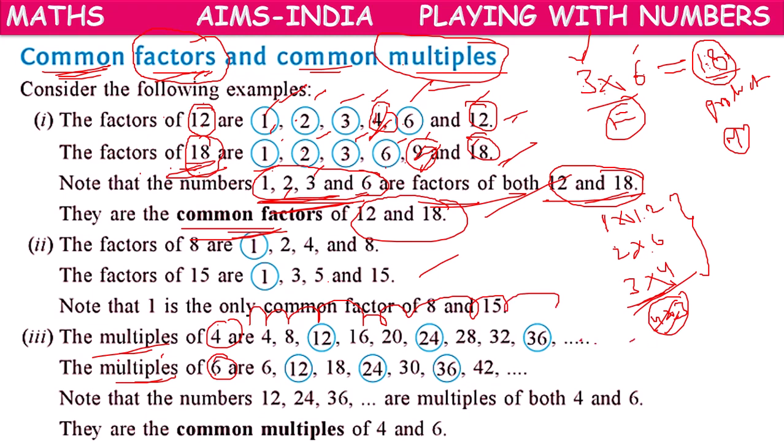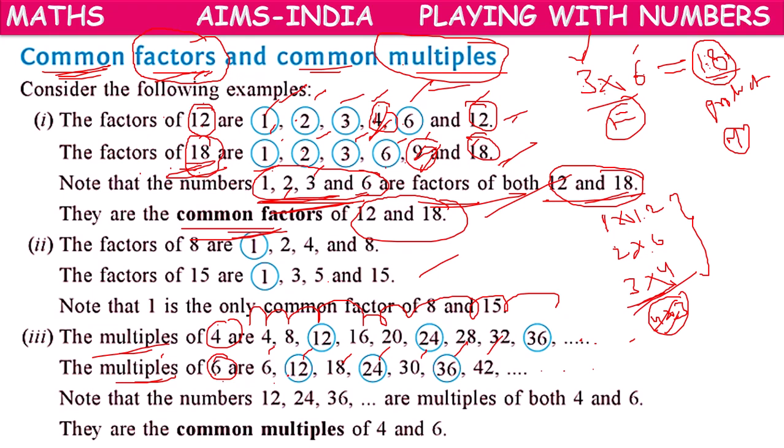We can write infinite multiples of 4. In the same way for 6, starting from 6, 12, 18, 24, 30, 36, 42 and so on, up to infinity, we can write multiples of 6.